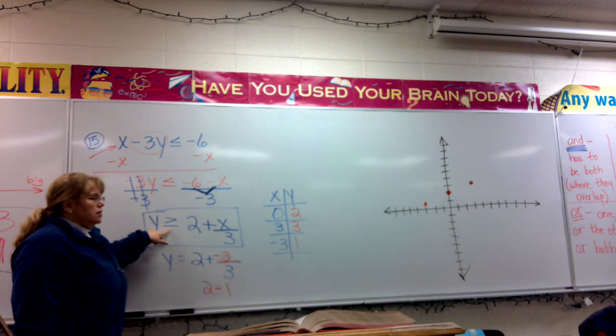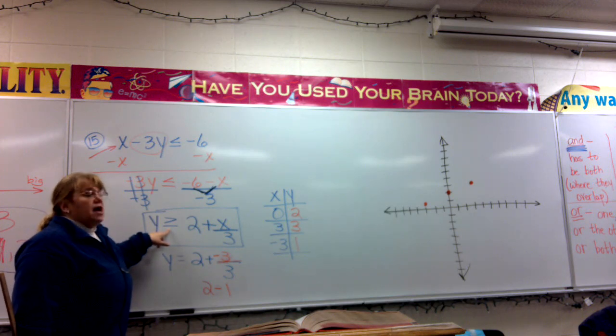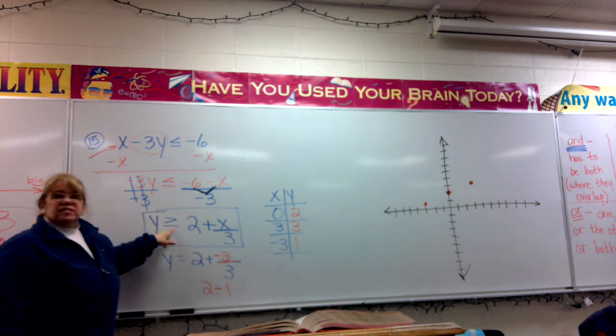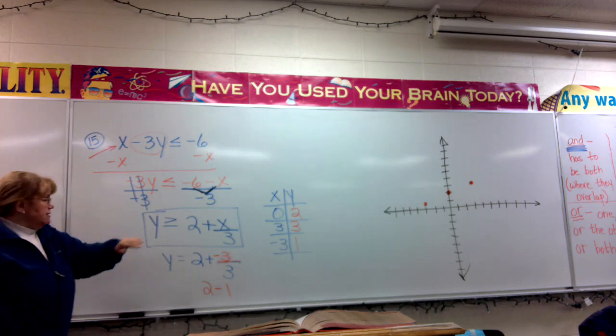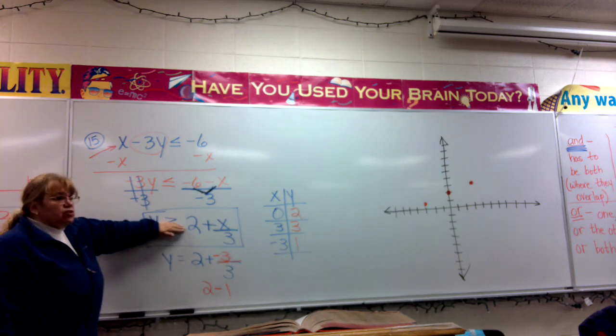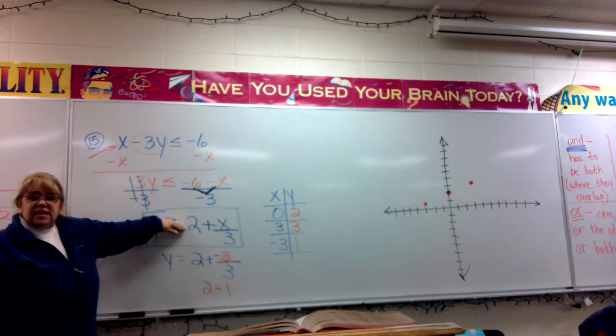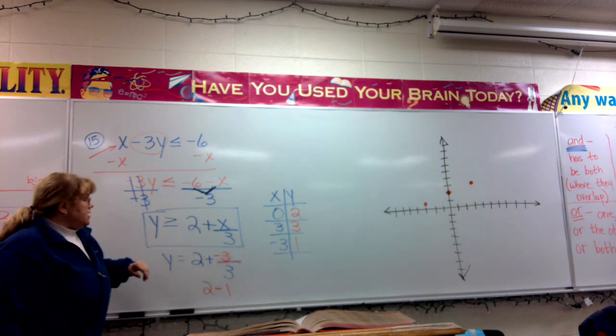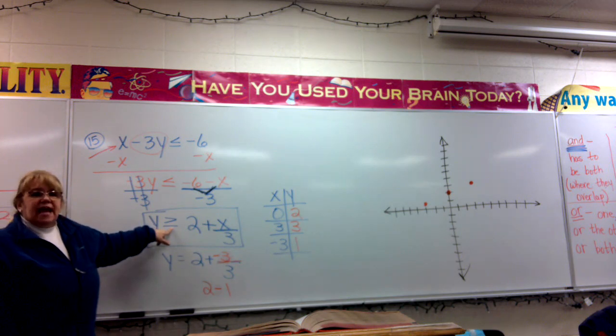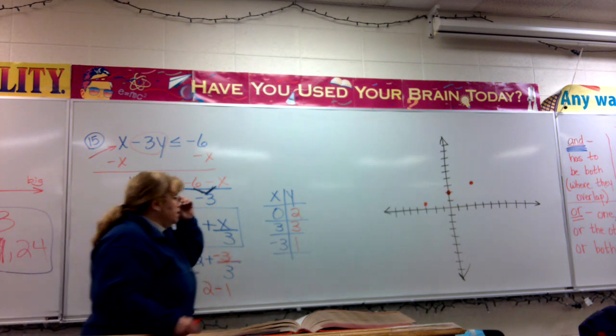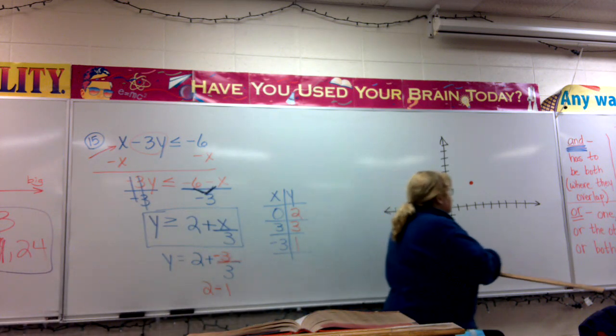If it's got the equal sign underneath the greater arrow, it's a solid line. And if it's just greater than or just less than, then it will be a dashed line. So what should this one be again? Solid. This one's going to be a solid line.